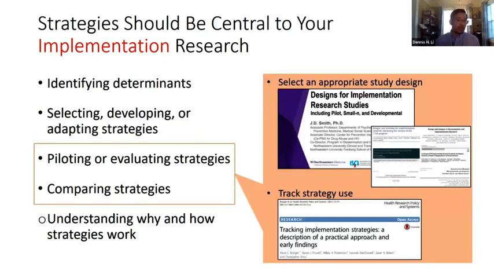Now, once you've selected strategies, or if that's where you are in your research program, then the next thing you are probably going to do is to pilot or evaluate the strategies. And if you're further down the line, compare 2 different strategies against each other. And here, the big question is about study design and what is the most appropriate study design to assess your strategies.